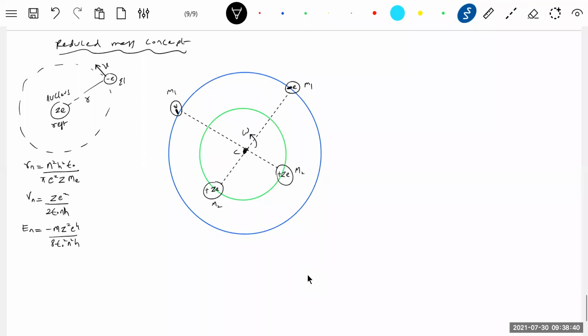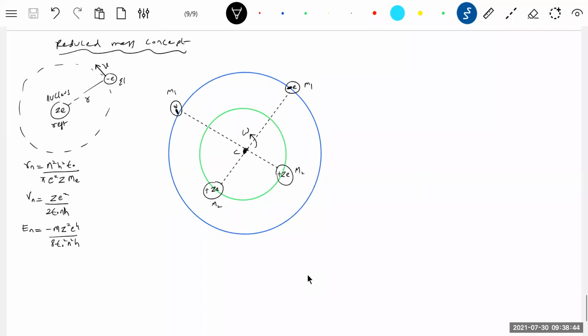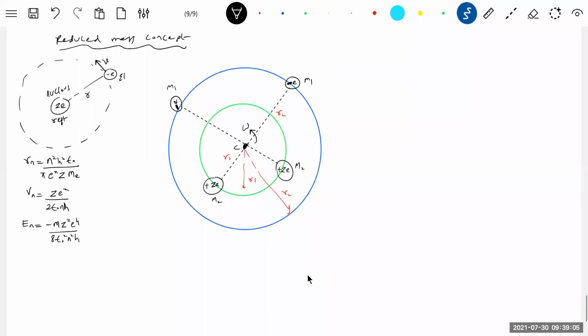You have come across this in rotation mechanics, SHM, gravitation, the reduced mass idea. So let this distance be r1 and this distance be r2.